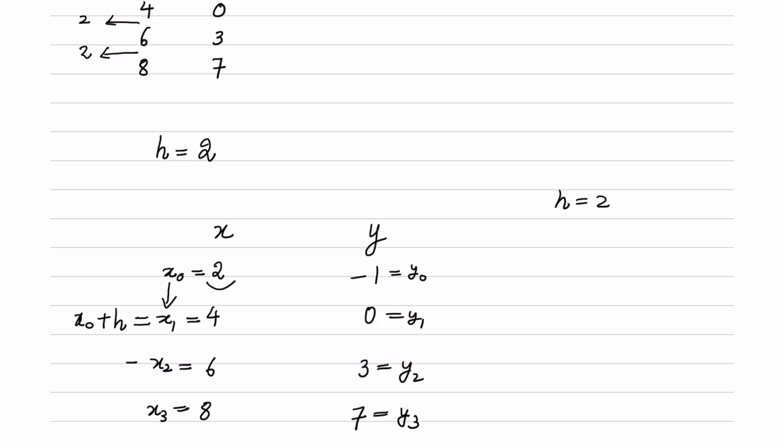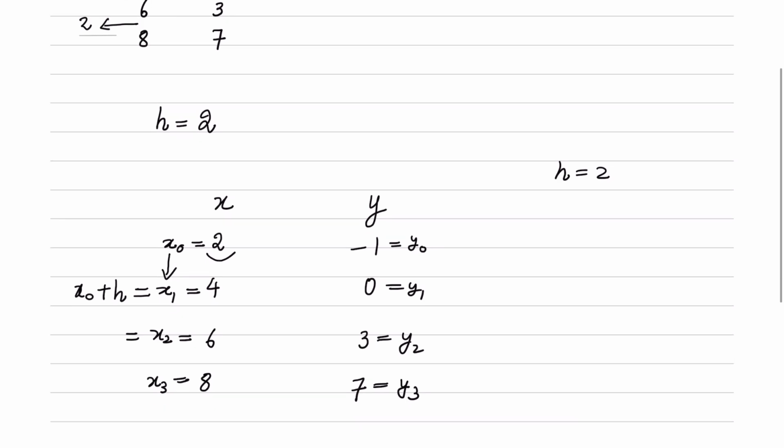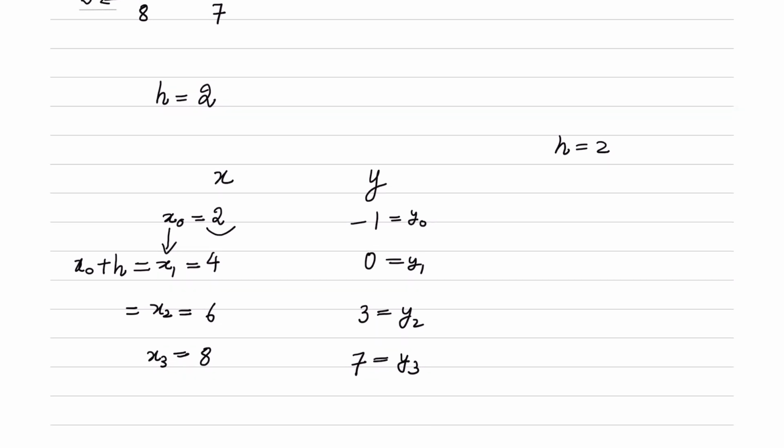Next x, which is x2. How do you get this? So to the previous value of x, which is x1, which is x0 plus h, you add h. Since the difference between every two consecutive x values is h, you keep on adding h to the previous x values to get the next x value.